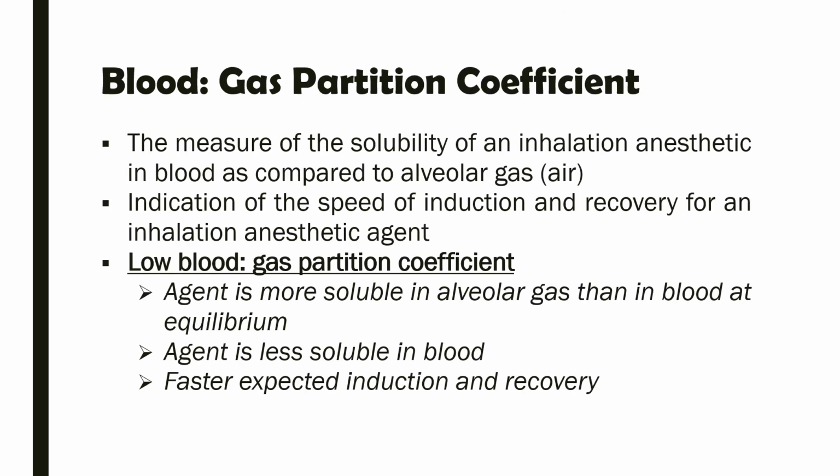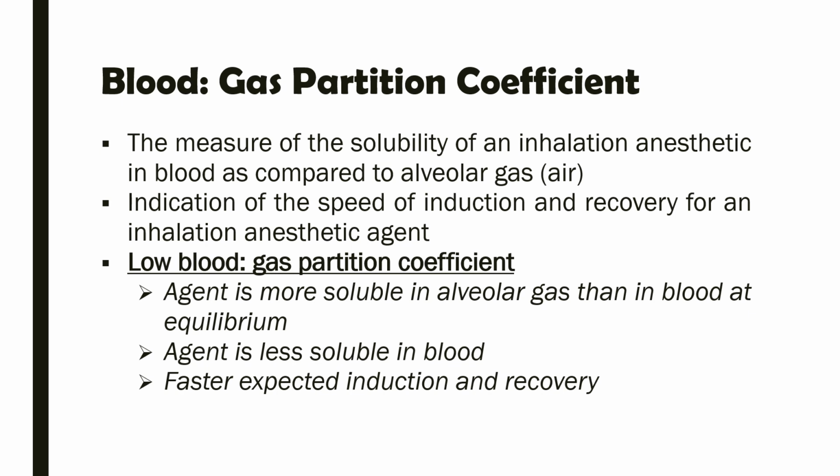An important property of the inhalant anesthetic agents is the partition coefficient, particularly the blood gas partition coefficient. When we say blood gas partition coefficient, this refers to the measure of the solubility of an inhalant anesthetic in blood as compared to the air or the alveolar gas. This is an indication of the speed of induction and recovery for an inhalation anesthetic.